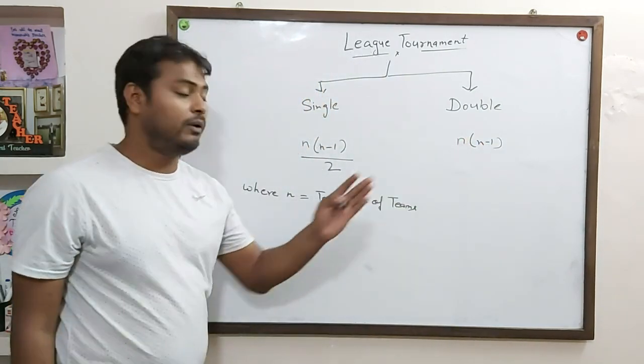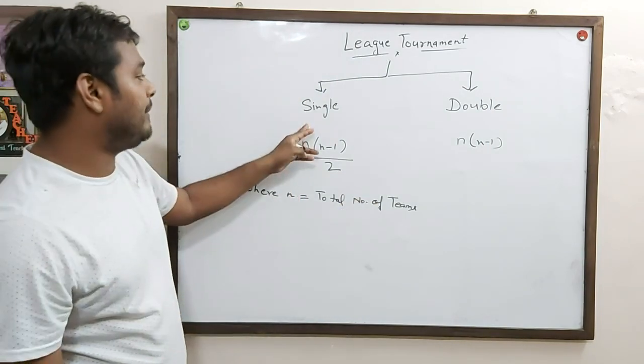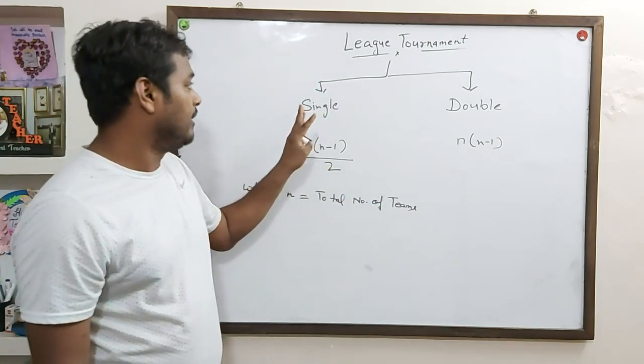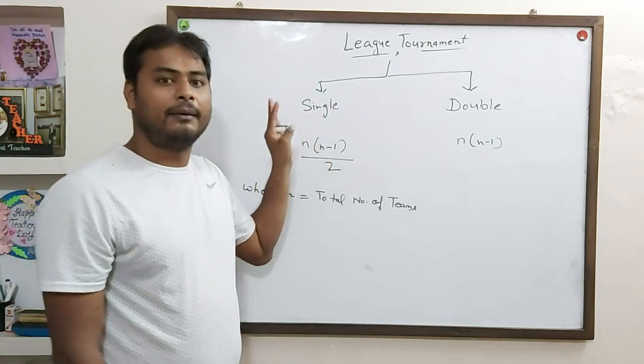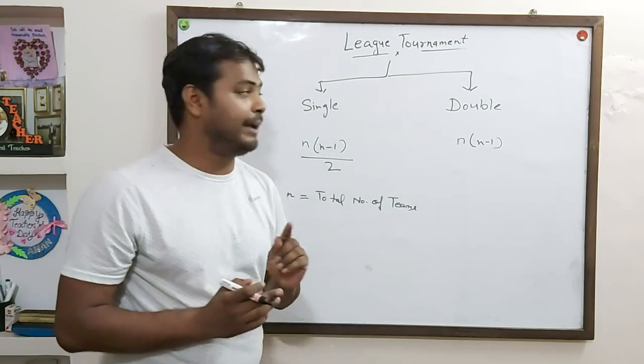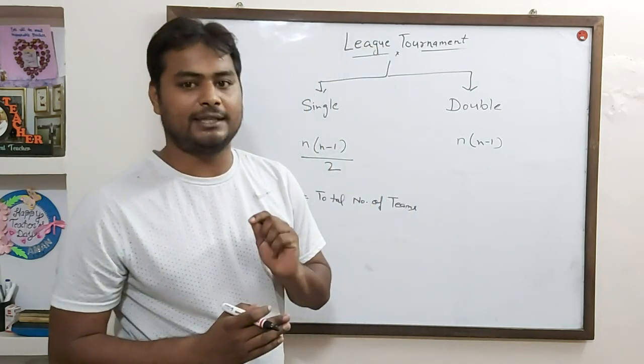Here, as you all know, n is the total number of teams. So I am repeating once again: in a single league tournament each team plays with every team one time, and in a double league tournament each team plays with every team twice.